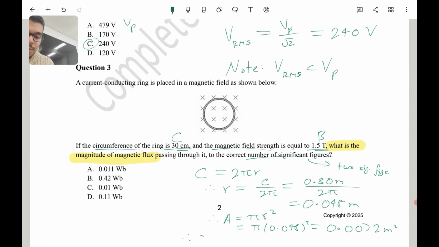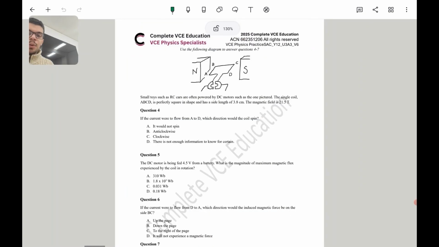We must now multiply this area by the magnetic field strength to obtain the magnetic flux. So 1.5 times 0.0072, and that will give us 0.011 Webers, which is option A in this case.